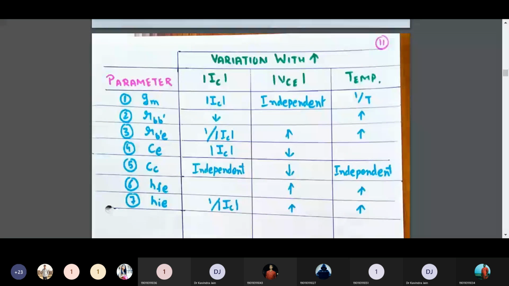Hello? I was audible, I know that. So I'm just asking, what is RBB dash? What is the spreading resistance? Sir, you have already said RBB dash. Sir, I'm asking the definition basically. What is RBB dash, the spreading resistance? Any student, what is spreading resistance?